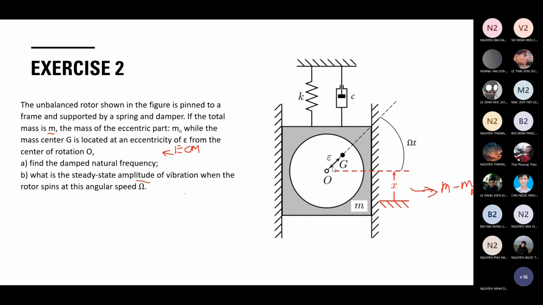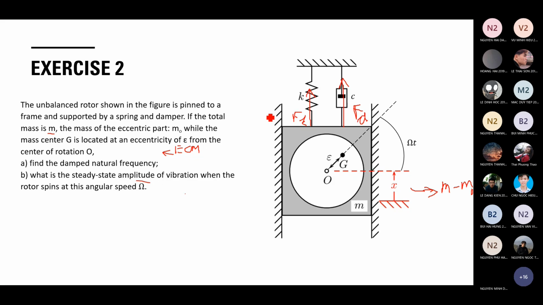It's okay, and m1 plus m0 is m. Remember that. In this equation, the total mass is m, and it has the acceleration x double dot, right? And the forces applied to this are the spring force and the damping force, right?